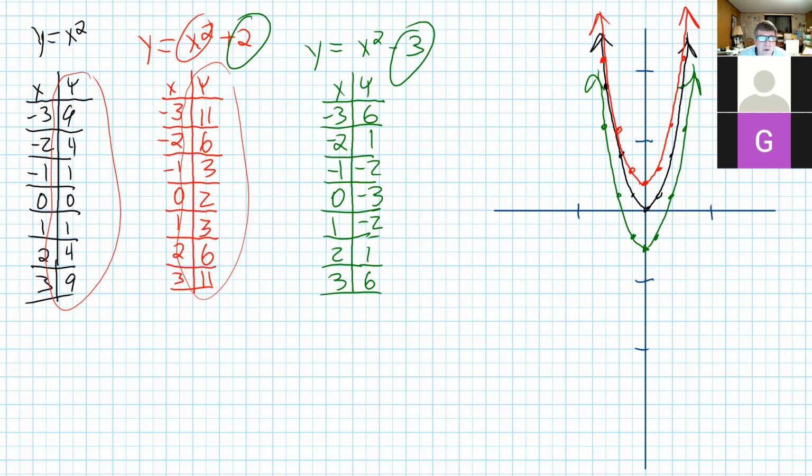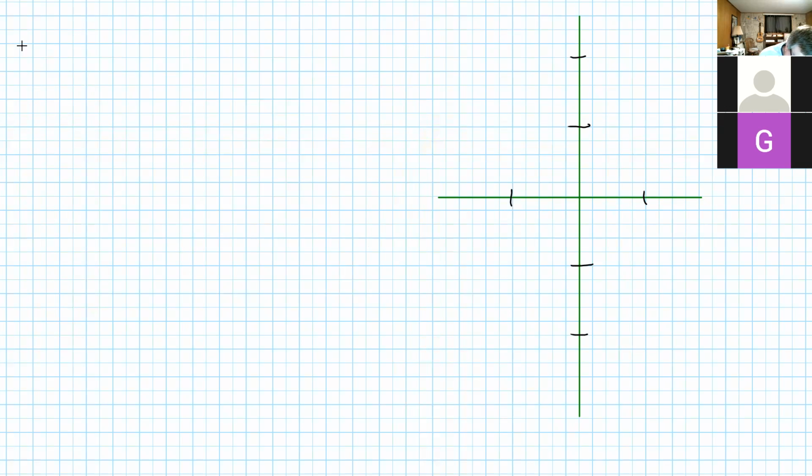Next page. Let's see here. It's green, which is just fine. Green works. I'll switch it over. Go back to black here. And we're going to go with y equals x squared again.